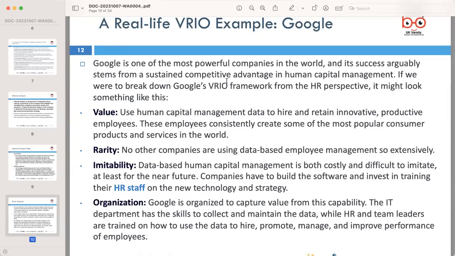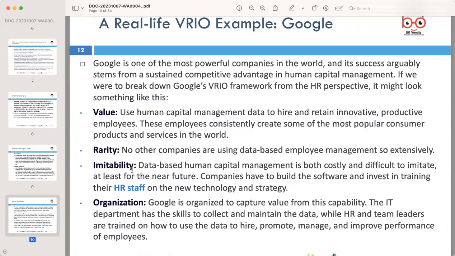When we talk about value, Google uses human capital management data to hire and retain innovative employees who create popular products. Then rarity: no other company uses data-based employee management as extensively as Google.